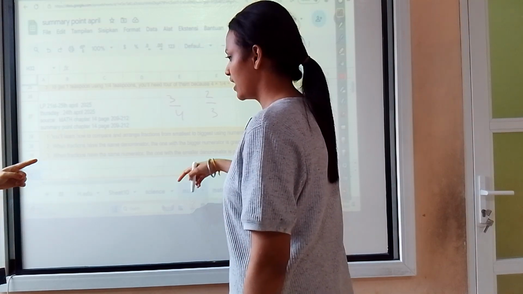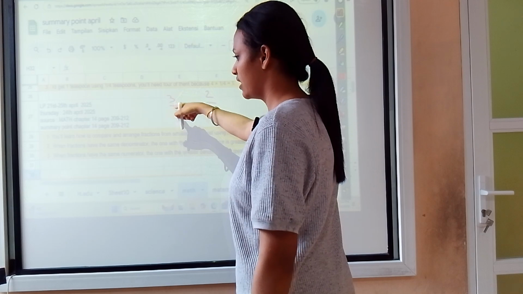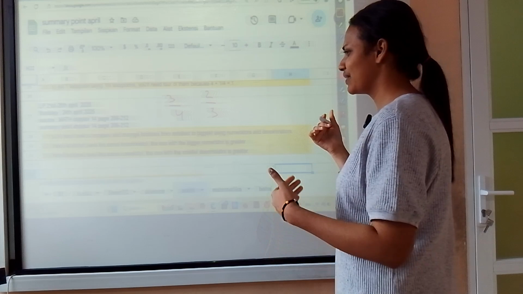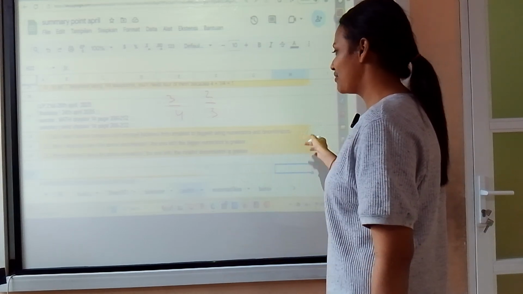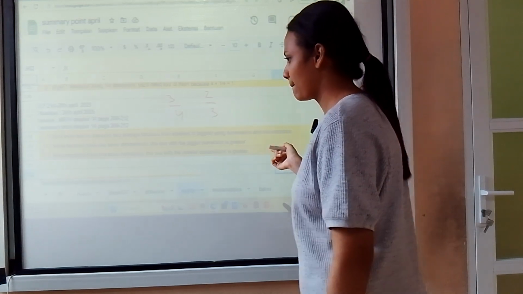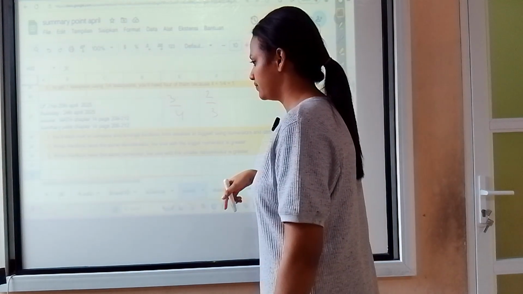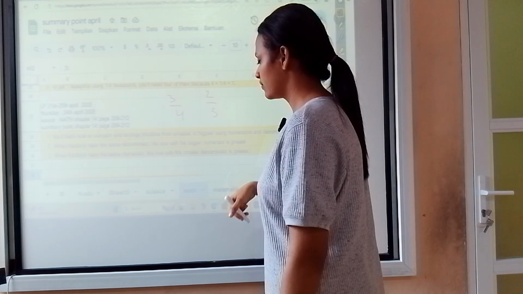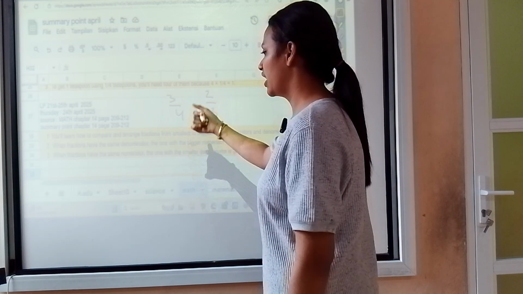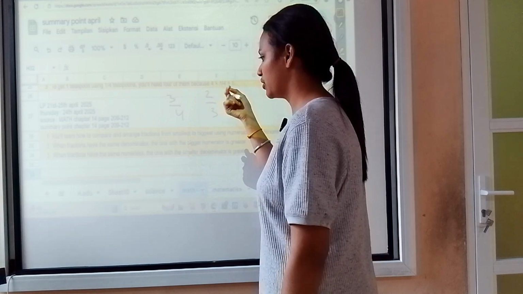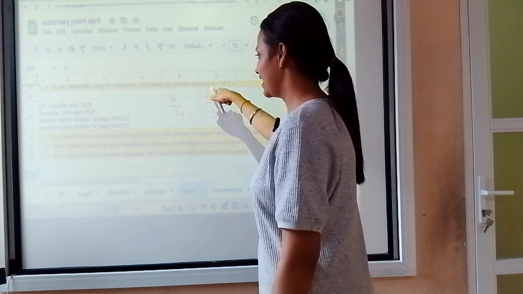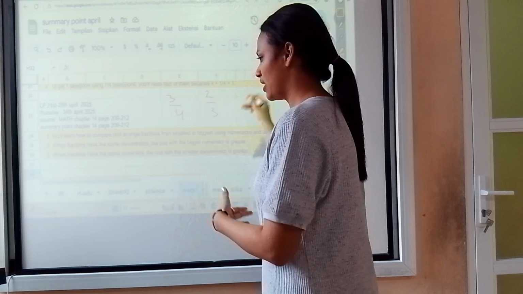But here it is the numerator, Miss, because the instruction in the book has said so. Just explain this first. How can it be bigger? Because we see from the numerator, the numerator is bigger than the other numerators.